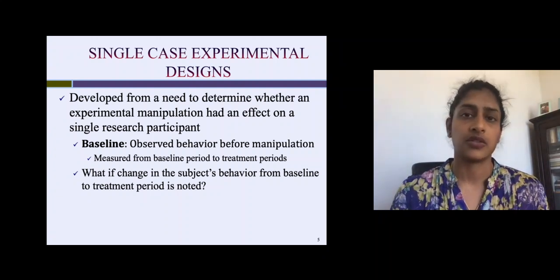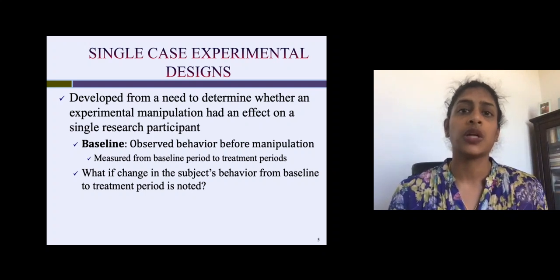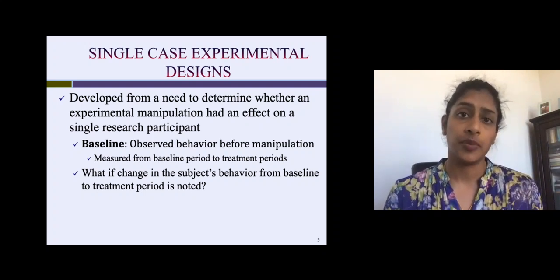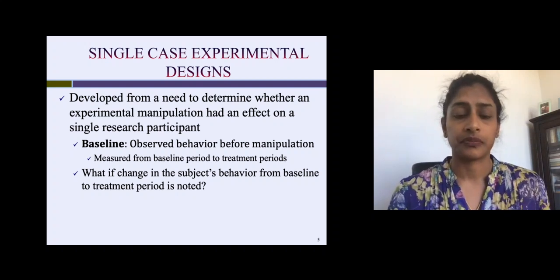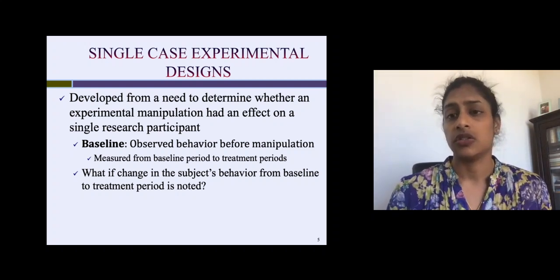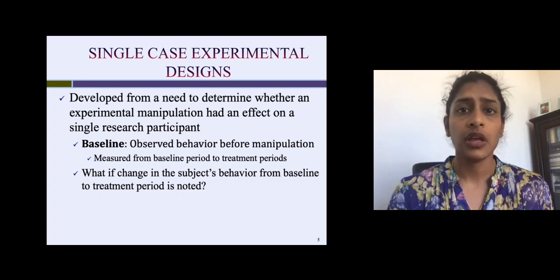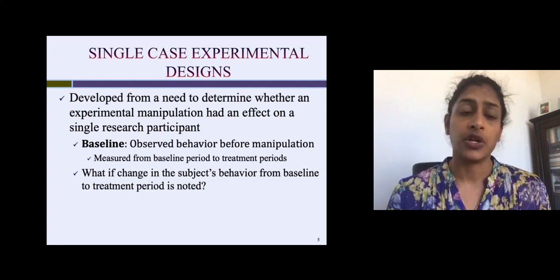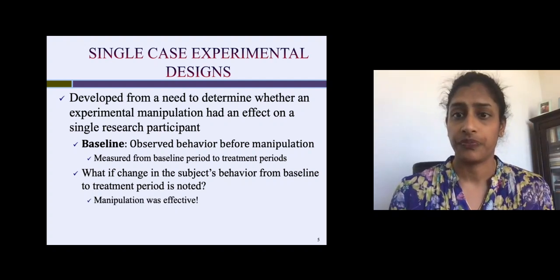So we take that baseline assessment. And then after that, we want to see if there's a change in our behavior as a result of the introduction of our manipulation. So this could be some kind of intervention. And then we go back and we see if there's been a change.